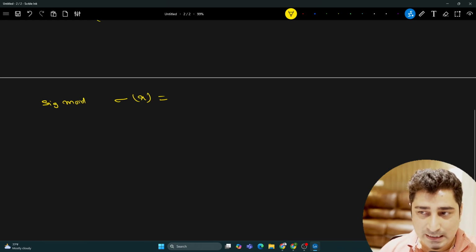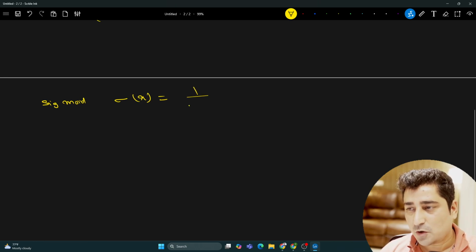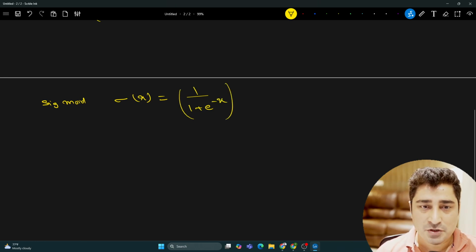For any input x, it is going to give you the output 1 over 1 plus e to the power minus x.